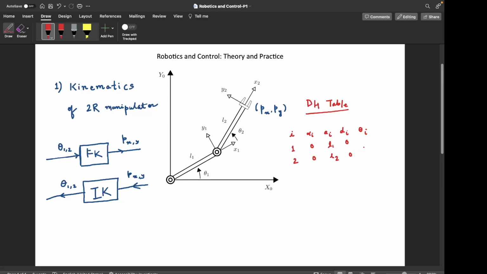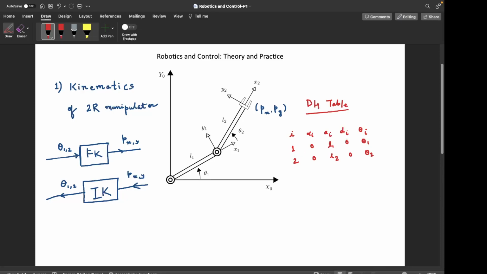So this is one of the simplest systems for which you would write DH parameters, right? So theta 1 and theta 2, everything is in plane and all the joint axes are parallel to each other, right?